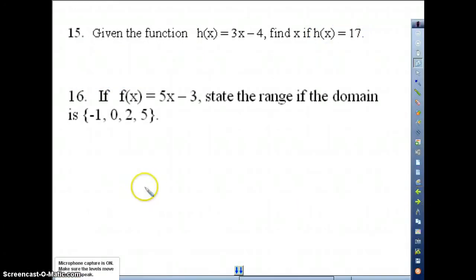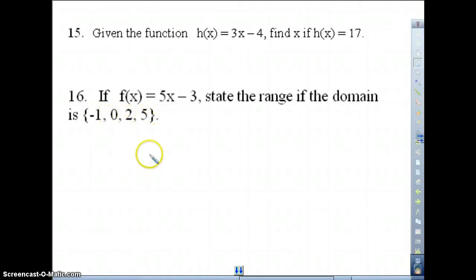Okay, number 16. If f of x equals 5x minus 3, state the range if the domain is -1, 0, 2, and 5. Yeah, that's easy. What are we going to do? We're just going to plug in those numbers.